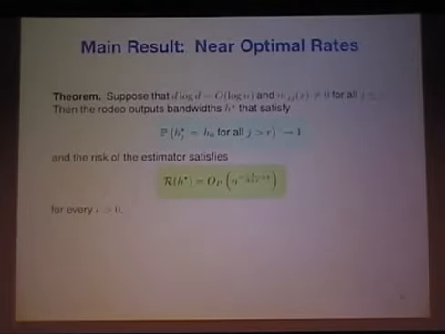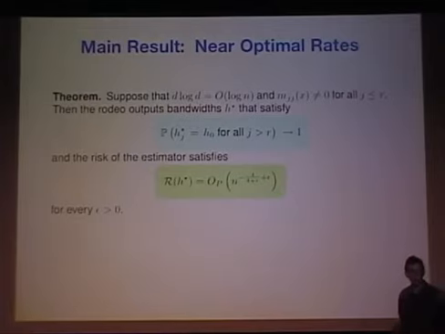And then the theorem is that, under certain assumptions, but fairly weak assumptions, with probability approaching 1 in sample size, the bandwidths for the irrelevant variables are frozen at their initial values, and the bandwidths of the relevant variables get shrunk down to their optimal values, so that we get a rate of convergence which is near the optimal minimax rate, as if we knew the R relevant variables in advance.